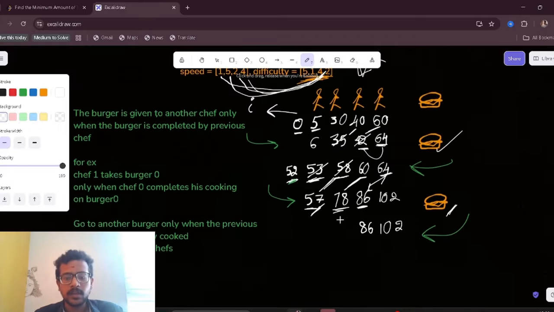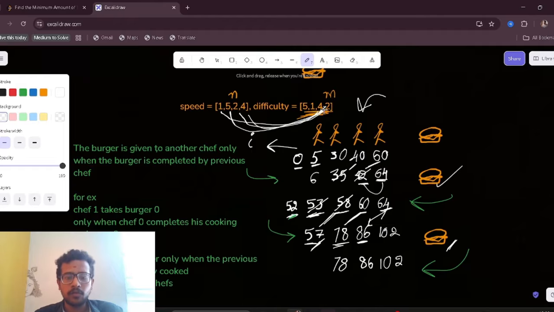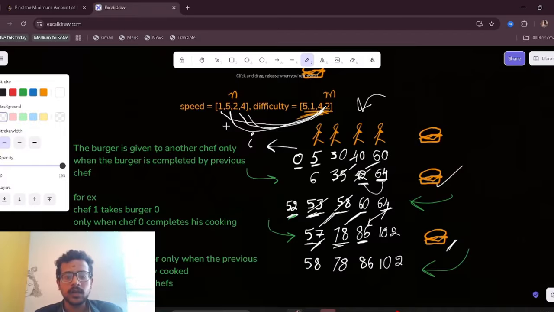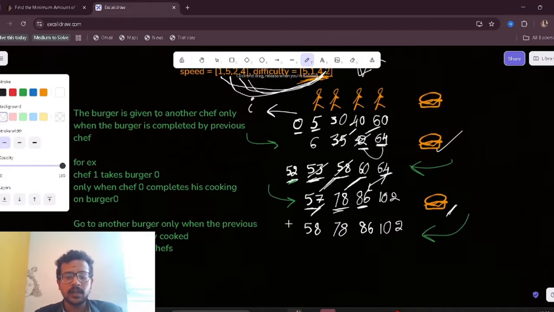If I remove 8 minutes, 86 minus 8, it would be 78. If I remove 4 into 5, 20, then it would be only 58. Then 4 into 1, if I remove 4 into 1, then it would be 54. So I think this is clear for you up to now.